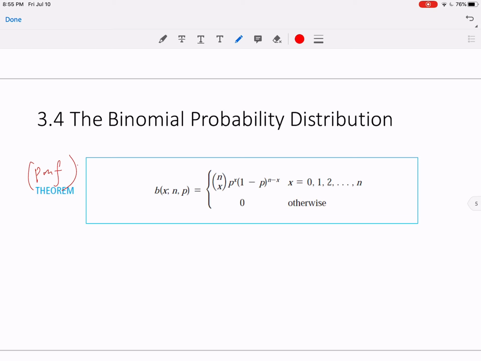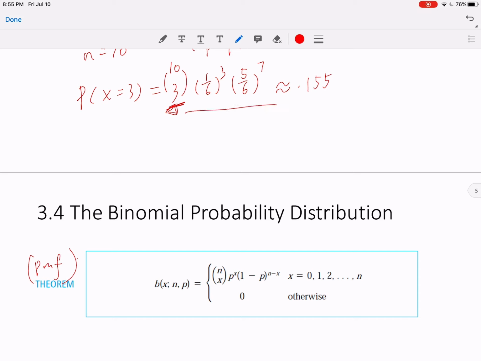So of course, the PMF of the binomial distribution is what we just went over here. If we have x out of n successes, then we're going to have p to the power of x, because we're going to have x successes, and the probability of that is p to the power of x.